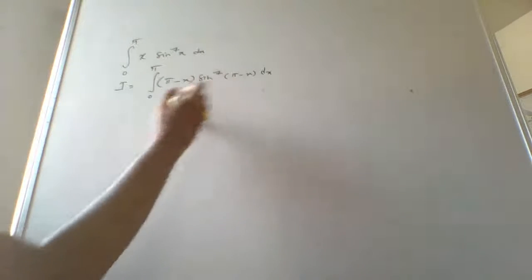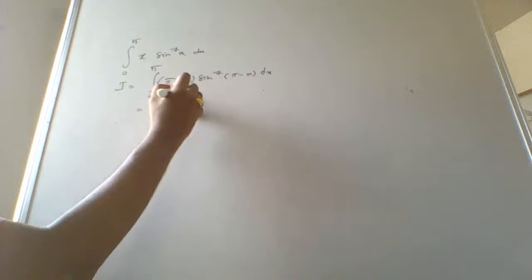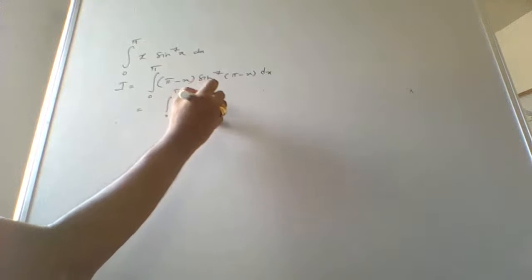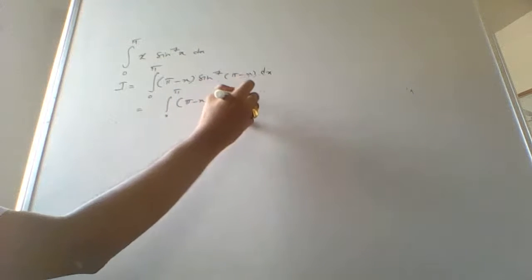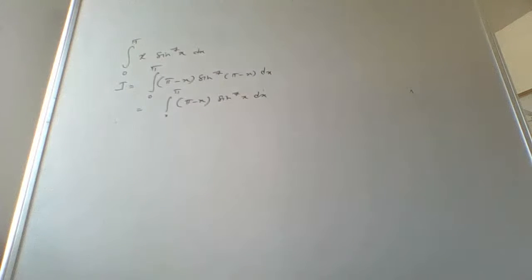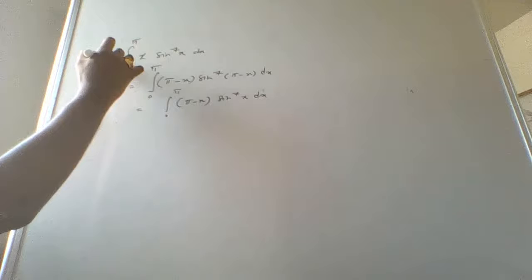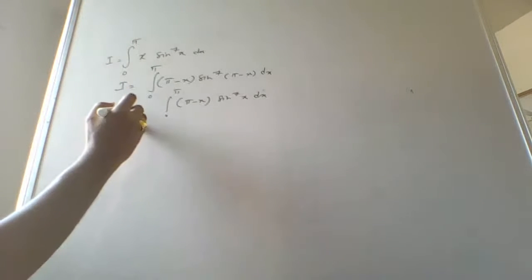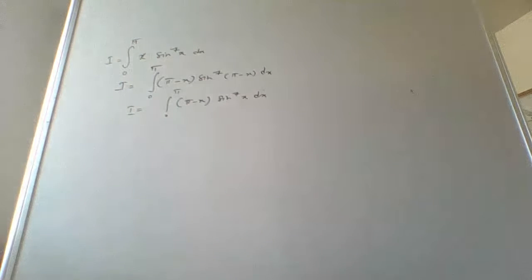Now, this again can be written as the integral from 0 to pi of pi minus x into sine power 7 x dx. Now, we have I as this. Again we have put it in this form.